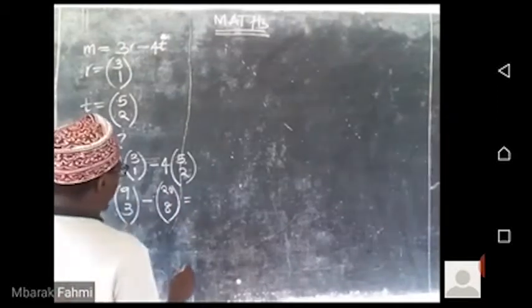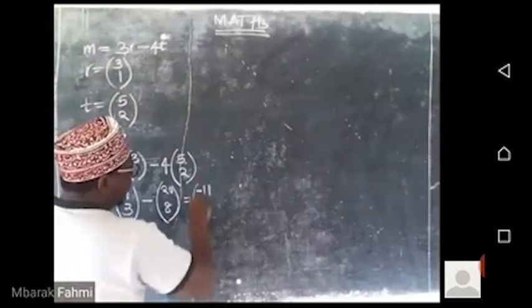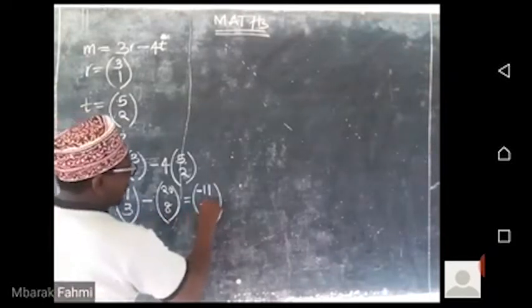So now we have 9 minus 20, which gives us negative 11, and 3 minus 8 is negative 5. These are the coordinates for m. You're told to give the result of m in terms of column vector, so we leave it like that.